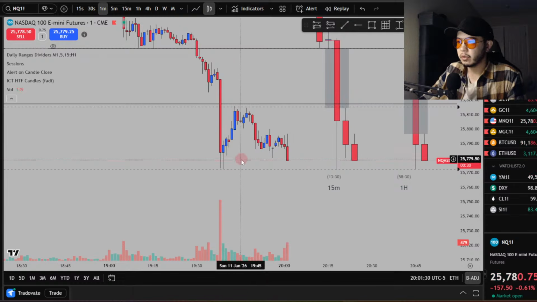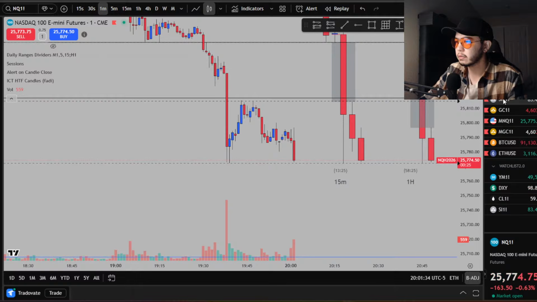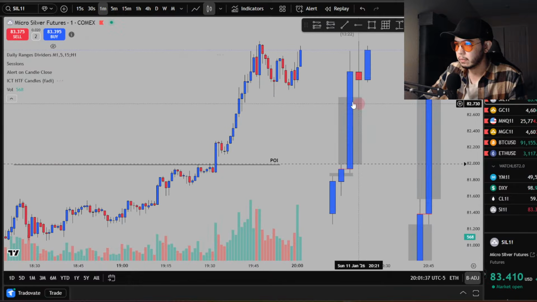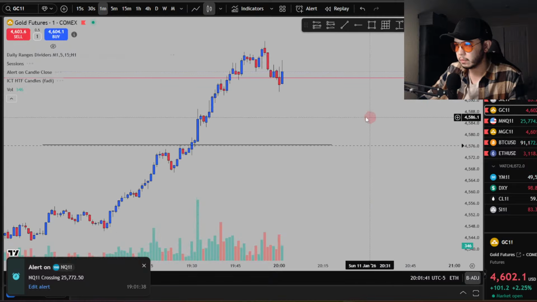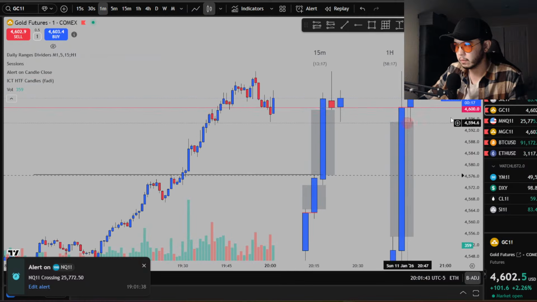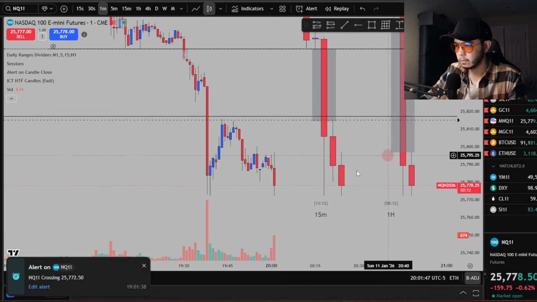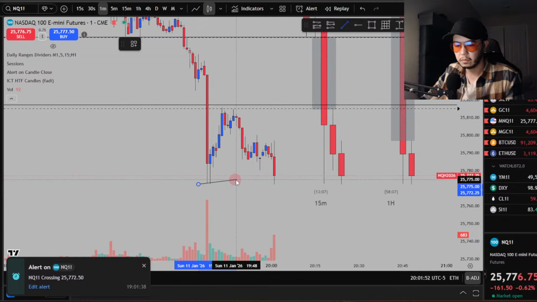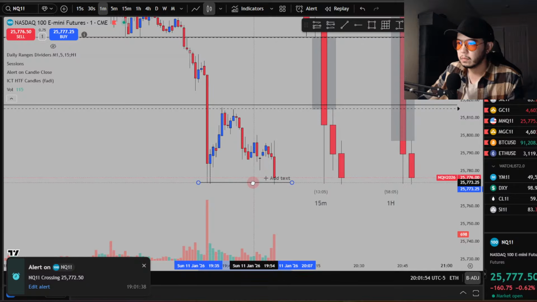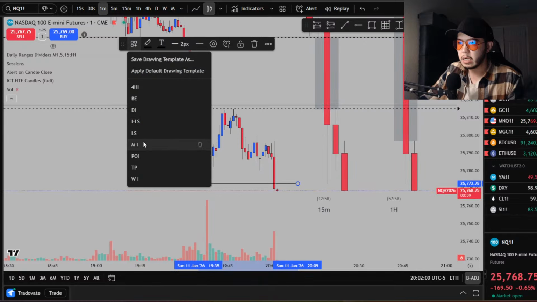We may do a turtle soup setup for a long, if you can get it on NQ. Silver's still not giving us anything good. So I'm gonna call this a liquidity sweep.